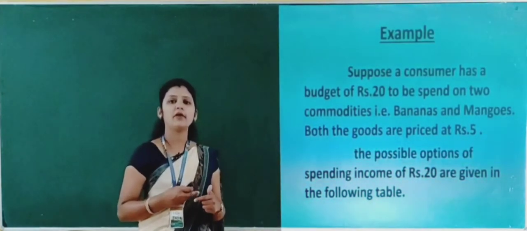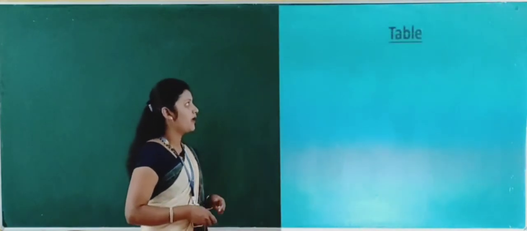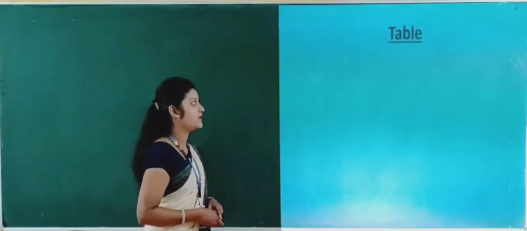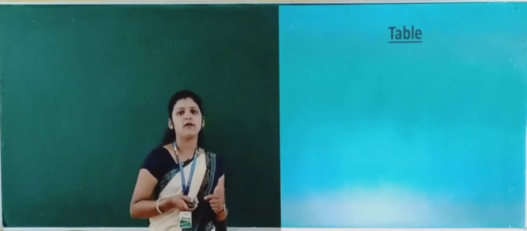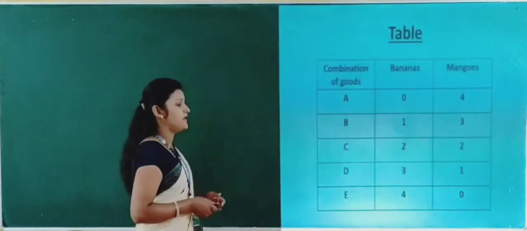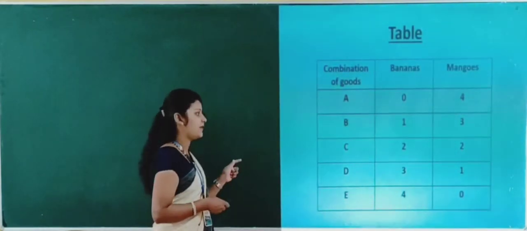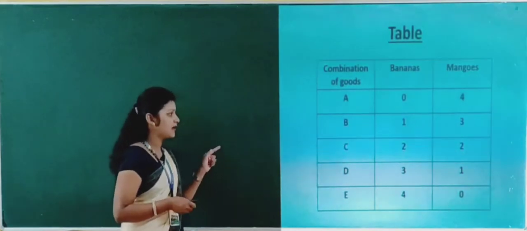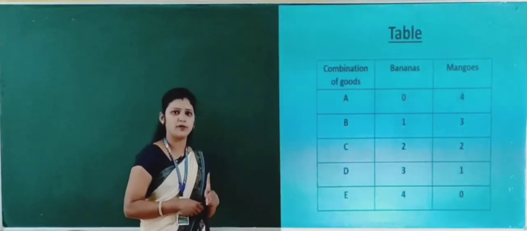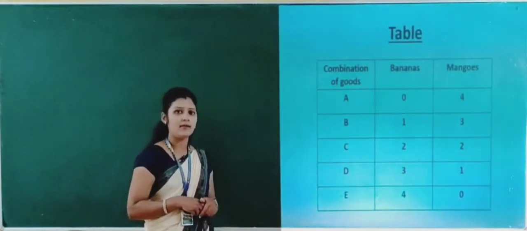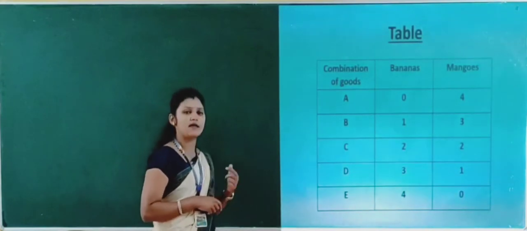Here I will give you a table that shows some bundles available to a consumer. The first column shows the combination of goods, that is A, B, C, D and E. Total 5 combinations are available to purchase bananas and mangoes. The second column is of bananas, and the third is of mangoes.